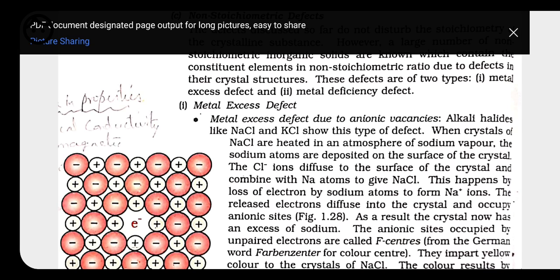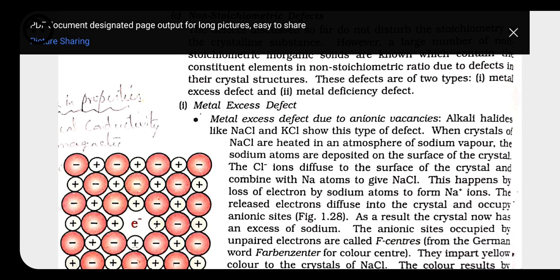If the sodium vapor passes through this type of crystal, it attracts some of the chlorine towards itself. This chlorine makes a bond with the sodium vapor, is taken out from the crystal, and a new NaCl forms outside the crystal.